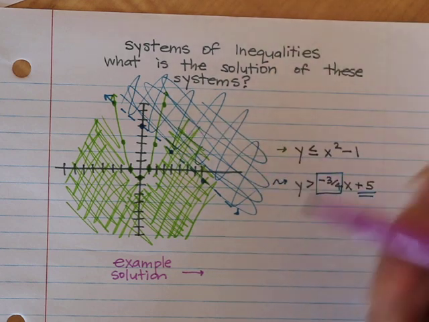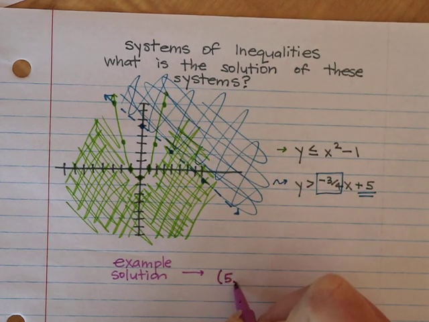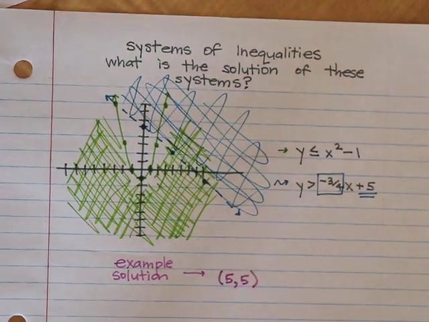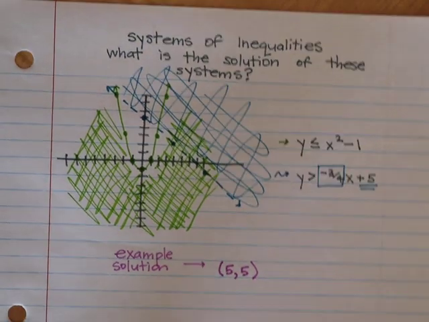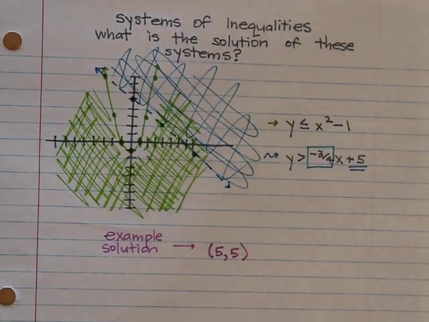I've got blue and green in both spots. That might be an example solution. I could list infinitely more, as long as they're in the blue-green overlap. That's the biggest thing, we have to make sure we're checking out the overlap.